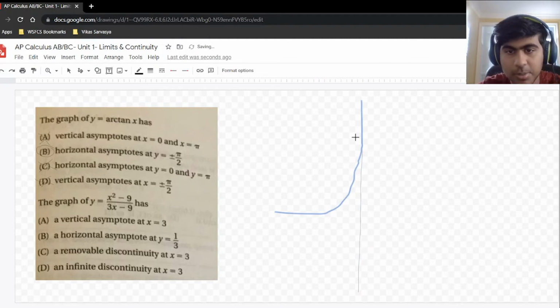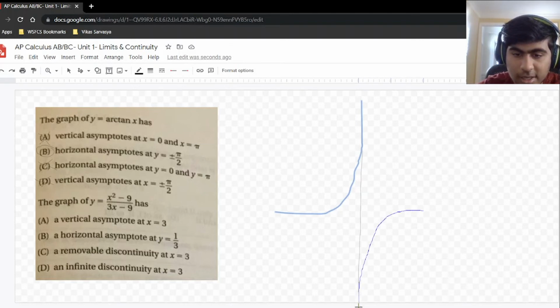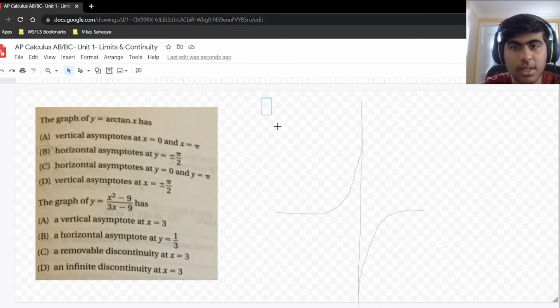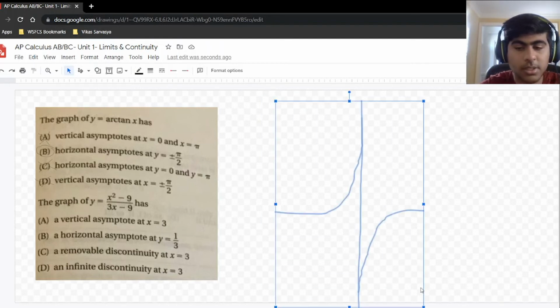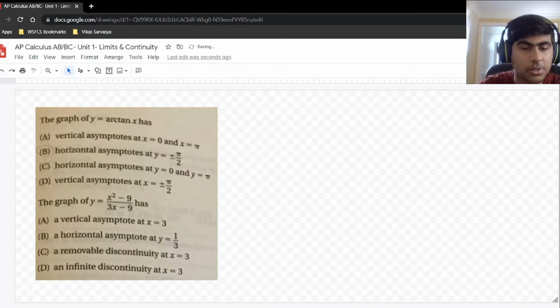I know it looks like it touches it, but an infinite discontinuity doesn't actually touch that line. And the same thing on the negative side, it doesn't actually touch the line, but it gets really close. That's what an infinite discontinuity is. It's essentially the same thing as a vertical asymptote. And that might prompt you to just say, well, you can't have two right answers, and cross them all out. Let's see if that is true.